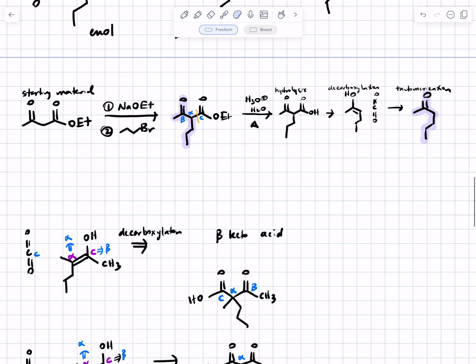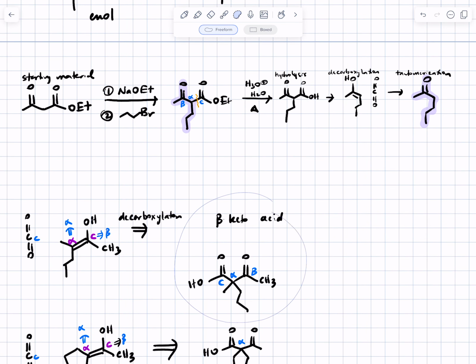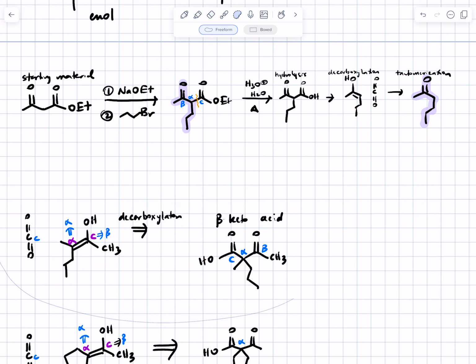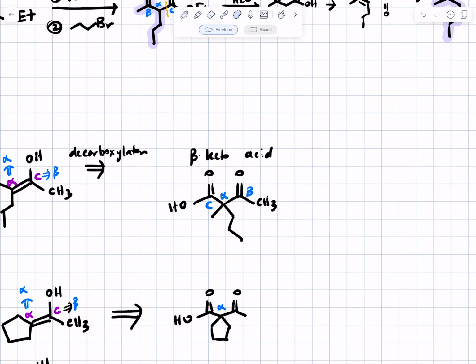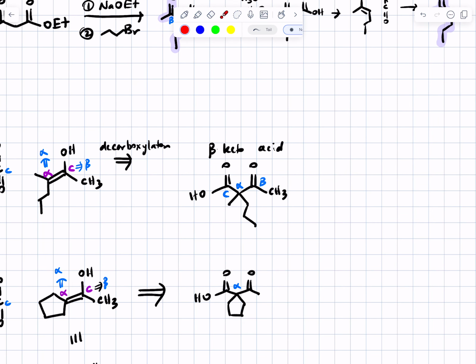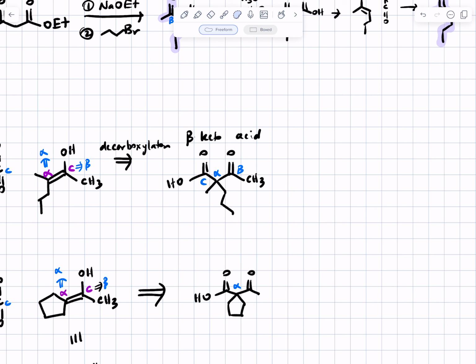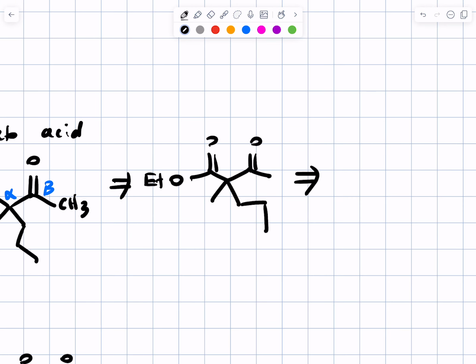Let's do the next one. Before we draw the forward synthesis, let's think backwards to the beta keto ester. Okay, and then the starting material would have been the acetoacetic ester.